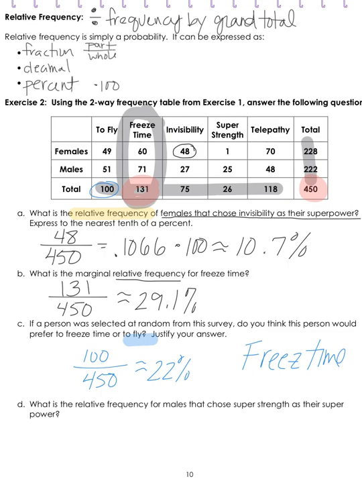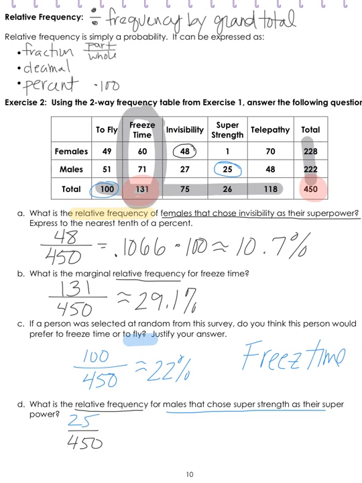D, what is the relative frequency? It's going to be out of the grand total. And then this is going to give me the other number that I need for the top. This gives me the 450. Males that chose super strength as their superpower. So males that chose super strength, I'm looking right there at 25.